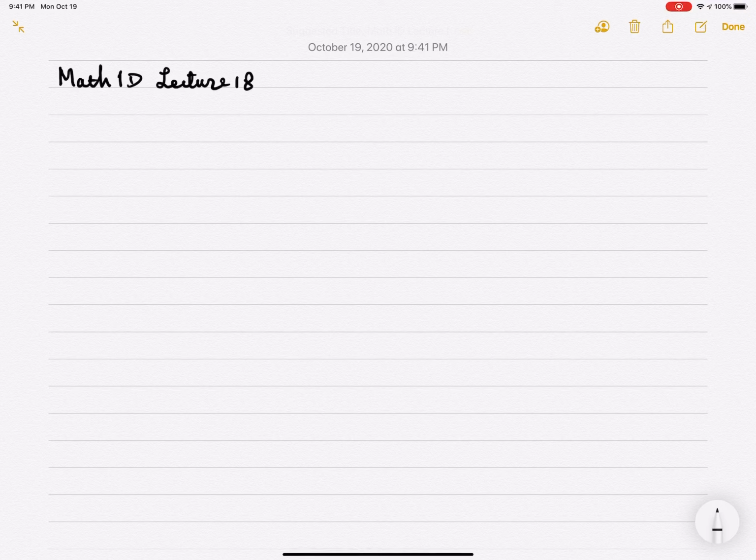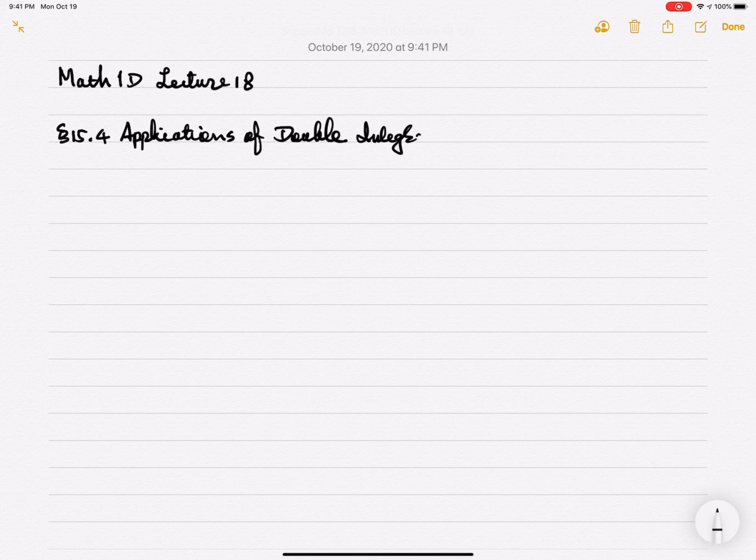We're still in section 15.4, applications of double integrals. So this is part 2.